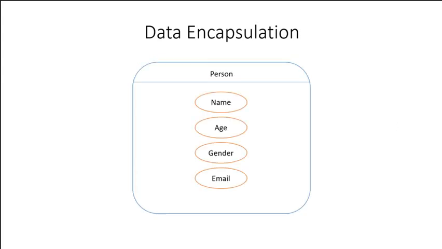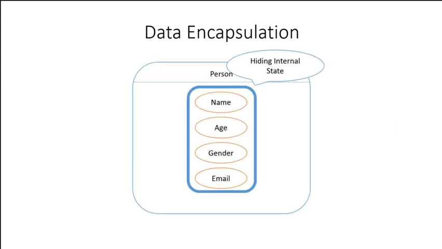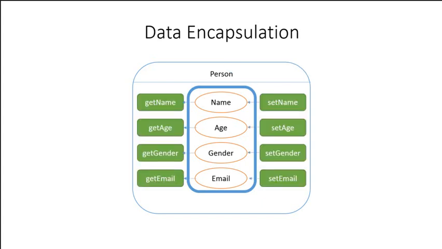Data encapsulation is all about hiding internal state and providing the outer world access only through methods. So, hiding internal state and requiring all interaction to be performed through methods is known as data encapsulation. Methods give us control of how the outside world is allowed to use objects.